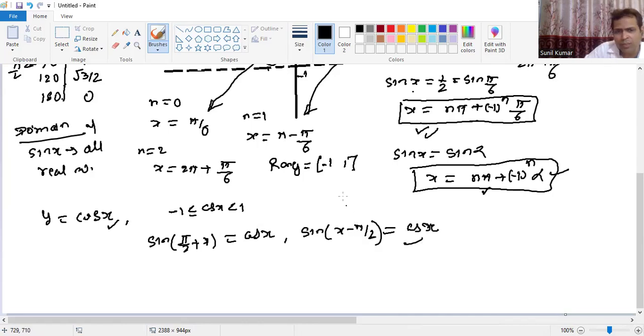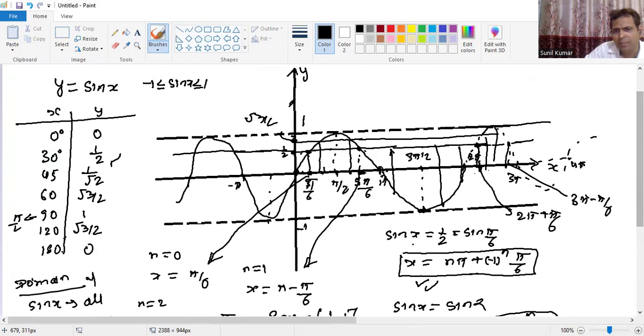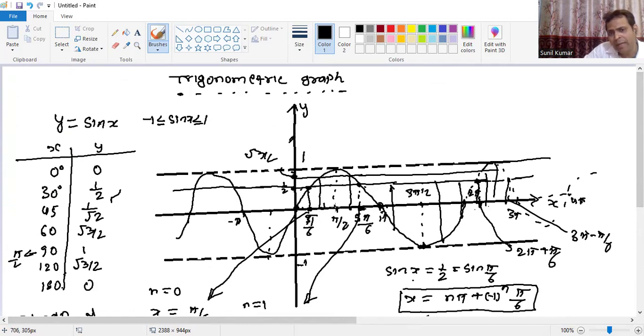So whatever sine graph we have, just shift it by 90 degrees. Sine is maximum at 90, and at this point cos is going to be 0. This is the basic concept I'm explaining here. And sin 0 is 0, so cos 0 is the maximum, 1. So the cos graph is like that.